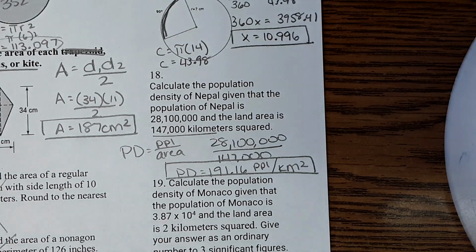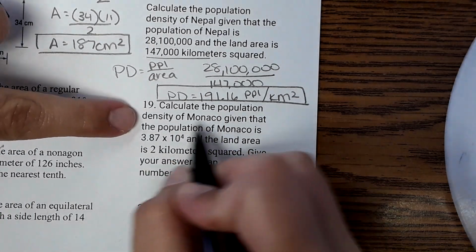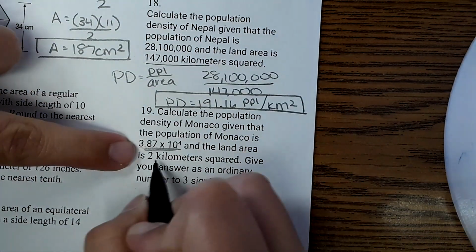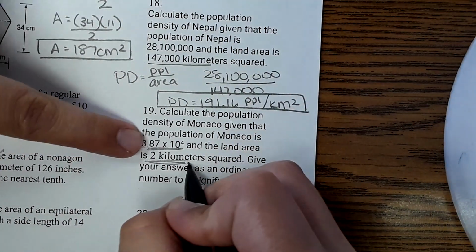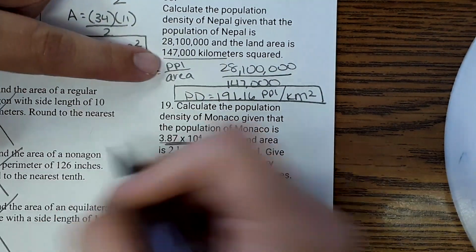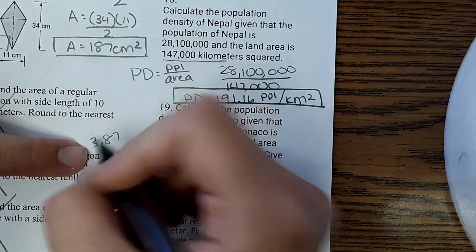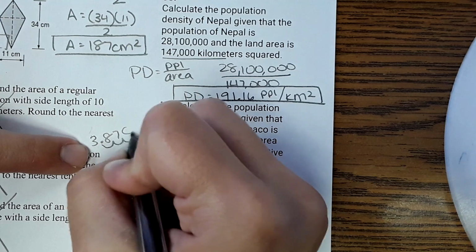Okay, 19. Calculate the population density of Monaco, given the population of Monaco is this number, and the land area is 2 kilometers squared. So again, people over the area, so we're going to divide these two numbers. For this number, 3.87 times 10 to the fourth, you can move the decimal over 4 places. 1, 2, 3, 4.